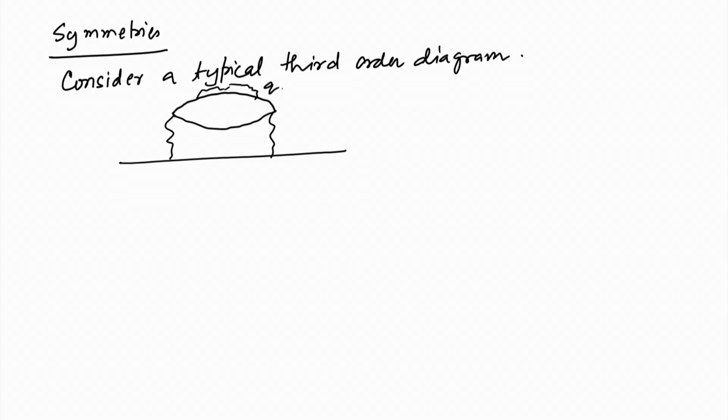So, there is a Q3, there is a T1, there is a T2, there is a Q1, there is a Q2 and so on.